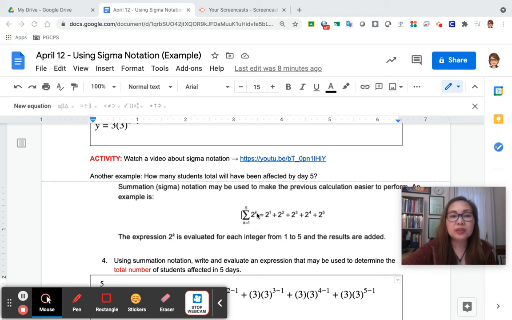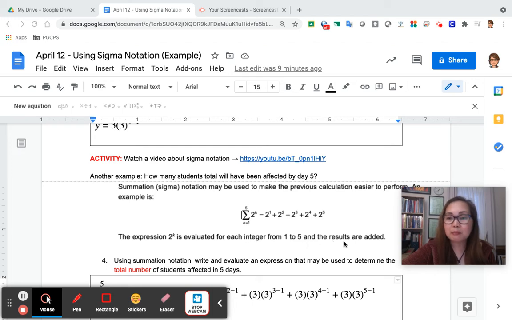And then, of course, here in this example, it's just using k for its exponent. And so if the formula is 2 raised to k, then you would have to apply it on each of the days or each of the cases from 1 up to 5. And that's why you've got 5 here. So the expression 2 to k is evaluated for each integer from 1 to 5, and the results are added.